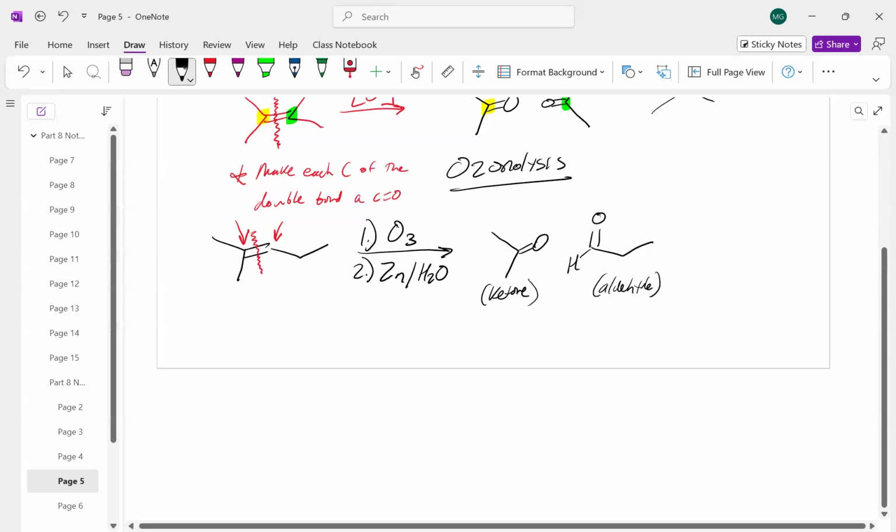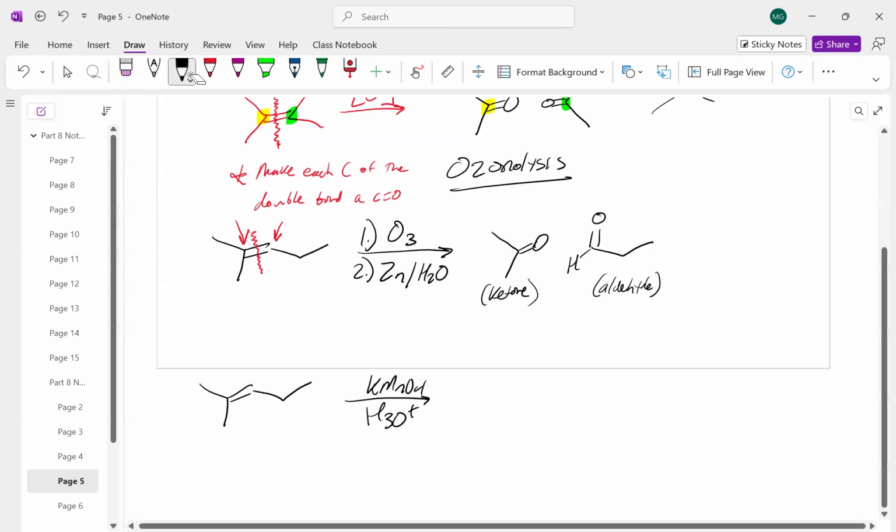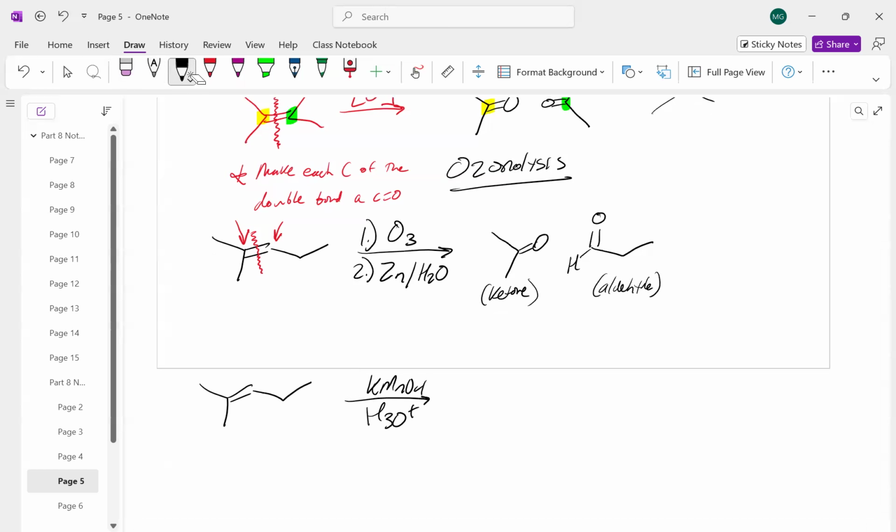Now, another thing that I can do with this is a very similar process, but if I change the oxidizing agent a little bit, the outcome may be different. So if I change the oxidizing agent to potassium permanganate, that's a really strong oxidizing agent.